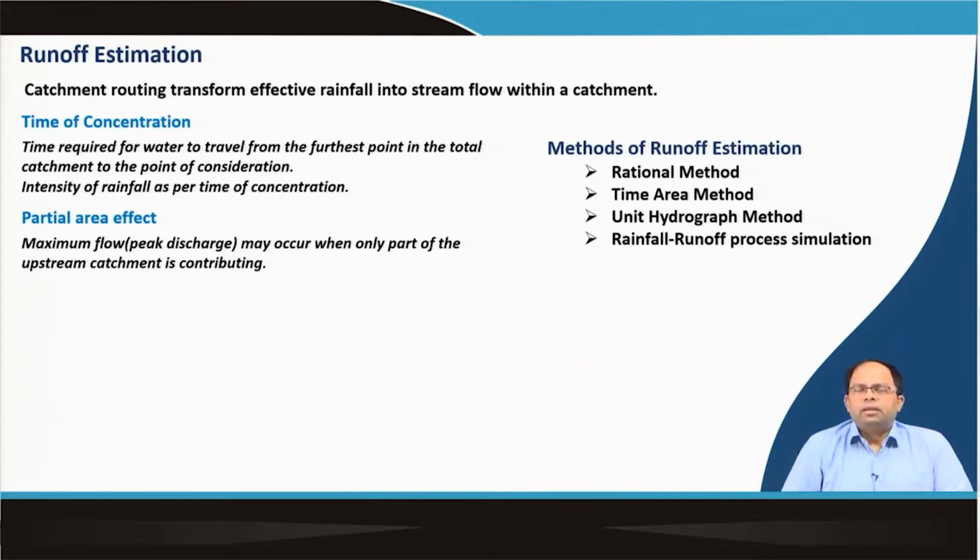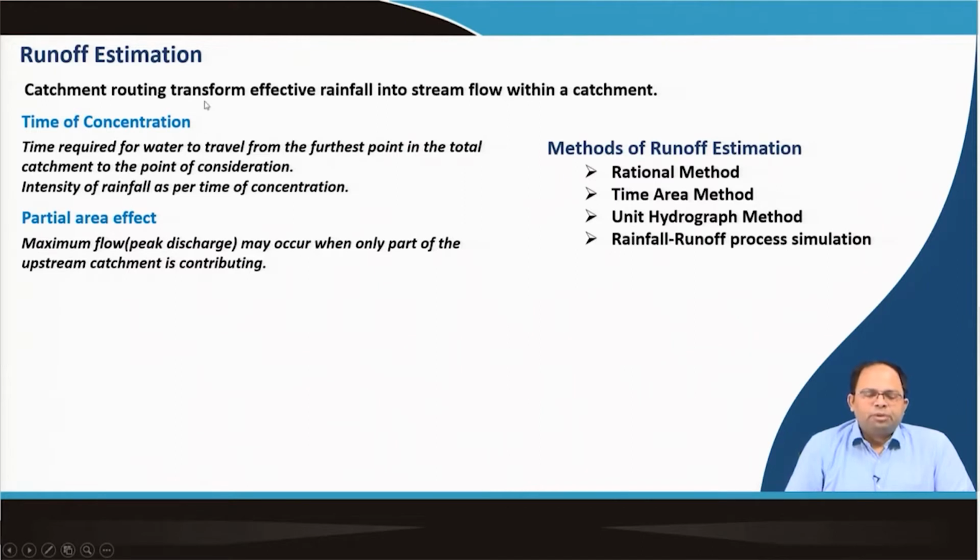So, before we design storm water sewers, we first have to understand how we estimate runoff for a particular area. Runoff estimation basically involves catchment routing. The term catchment routing is related to the fact that whenever rainfall happens, not all of it, but some part of the rainfall, which we call effective rainfall, forms a stream and flows within the catchment and reaches the inlet.